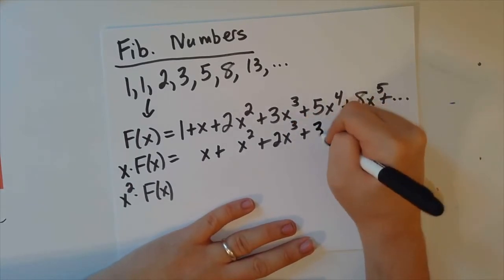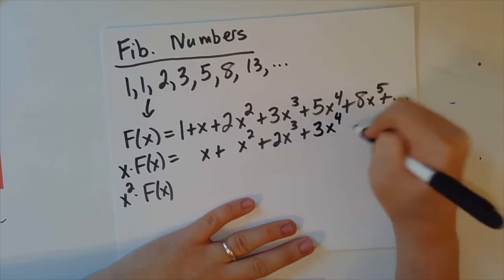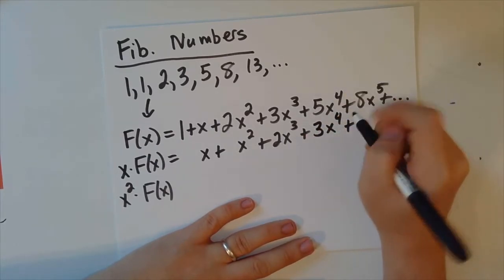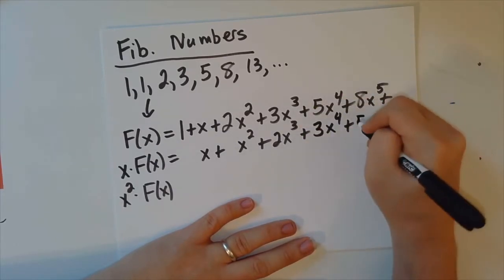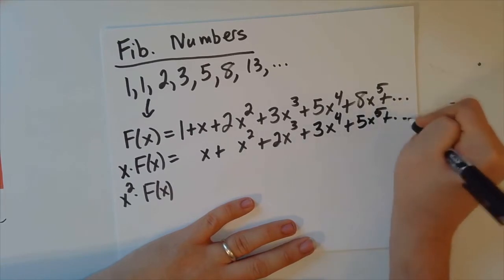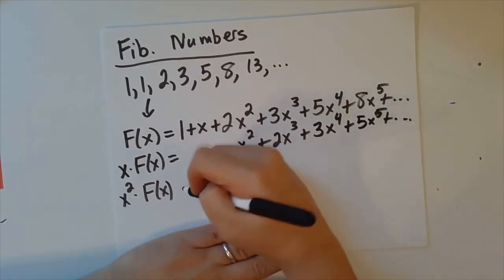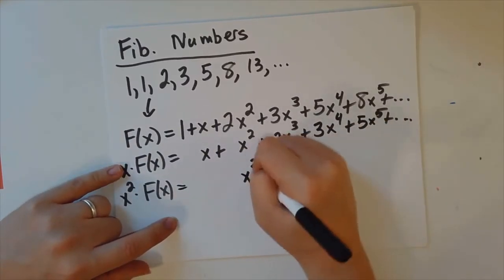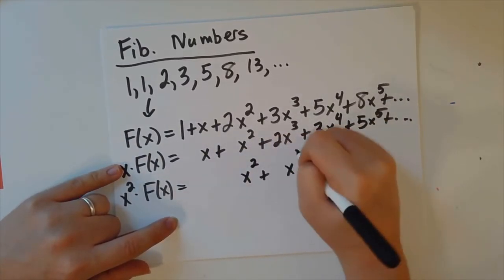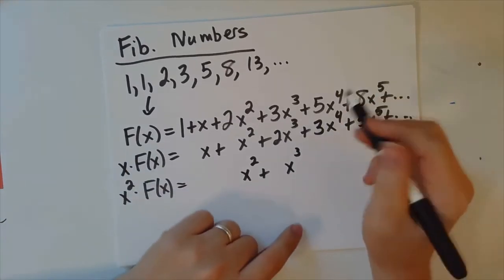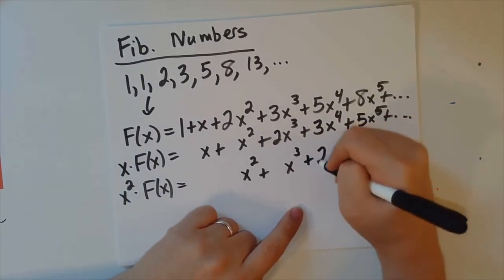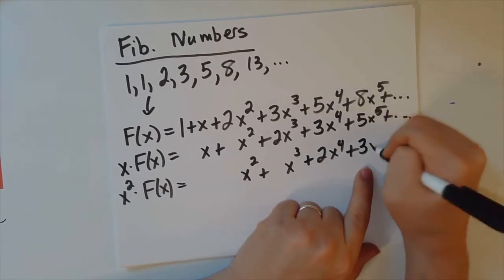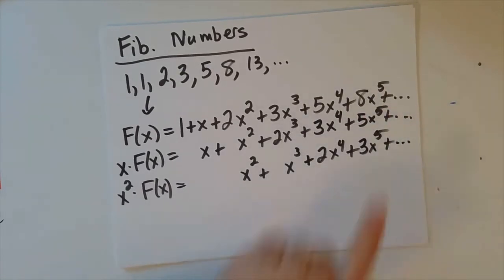Okay, and this is going to be x times the previous one, so it's going to be x squared plus x cubed plus 2x to the 4th plus 3x to the 5th plus, and so on.